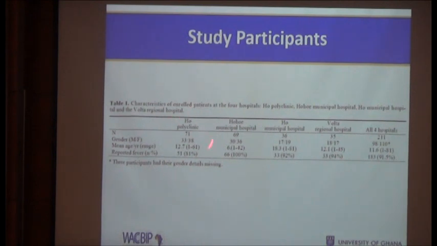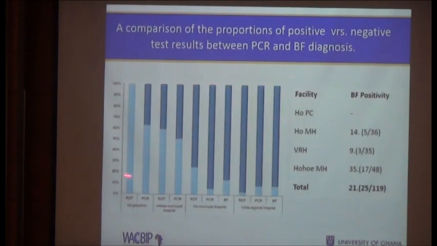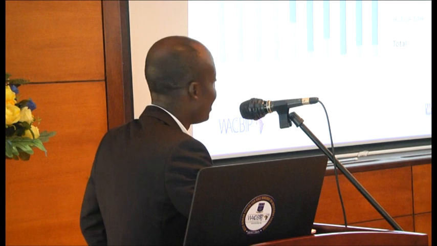So you will notice that in the Ho Polyclinic, which is more like a primary level clinic, there were 71 people who came. And in the next slide, you realize that what they do there is just the RDT. It's just a one-man manned lab. So they just do the RDT. And this person reported that all the 71 people who did the RDT were positive.